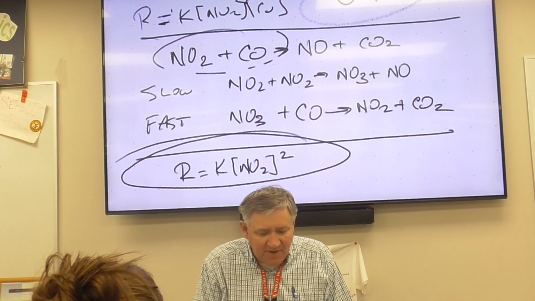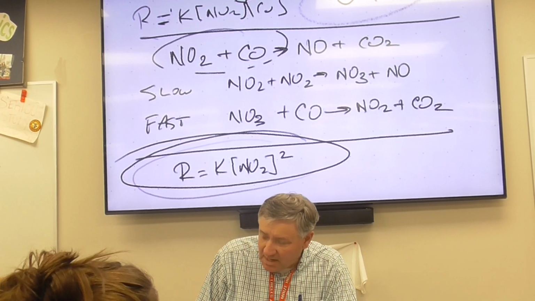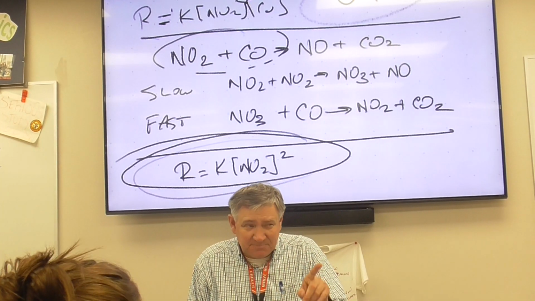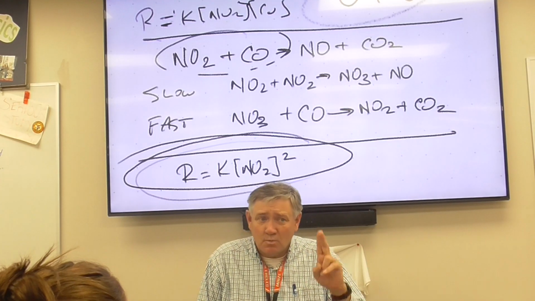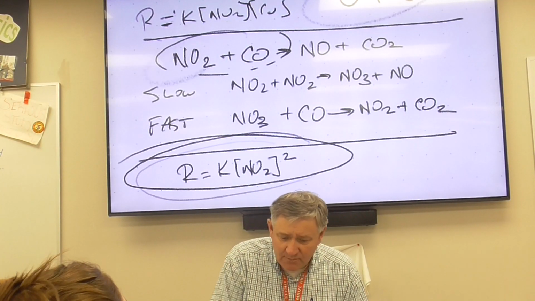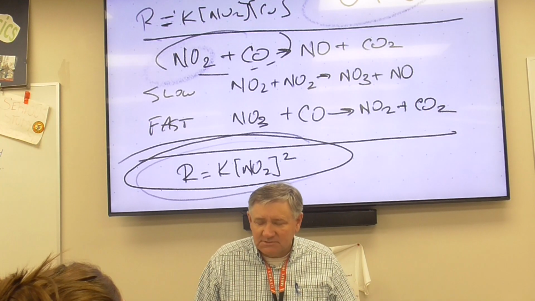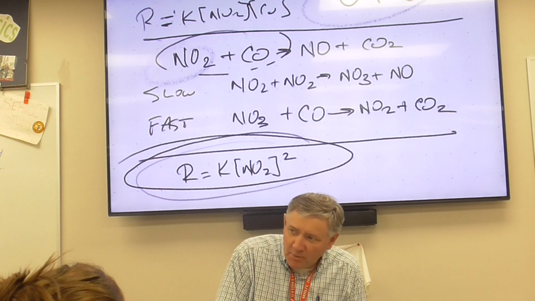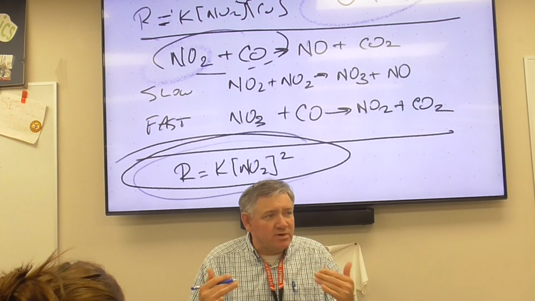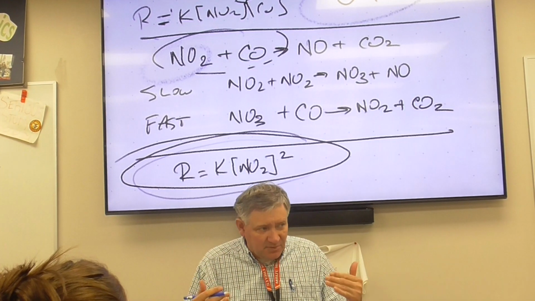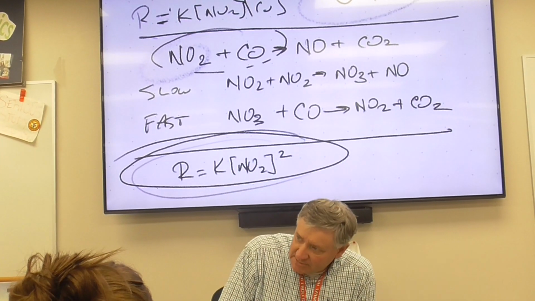How do you explain the fact that a rate is based upon the concentration of NO2, which makes sense, but what doesn't make any sense is why it would be second order with respect to the NO2 when in reality the coefficient in front of the NO2 is just a 1? At this point it turns into a Wizard of Oz story. Who's the wizard behind the curtain? Who's pulling the levers to make this appear differently than what we think it should?